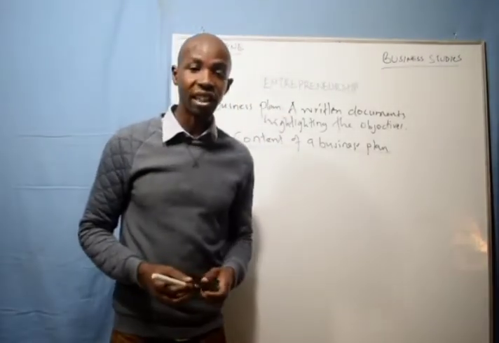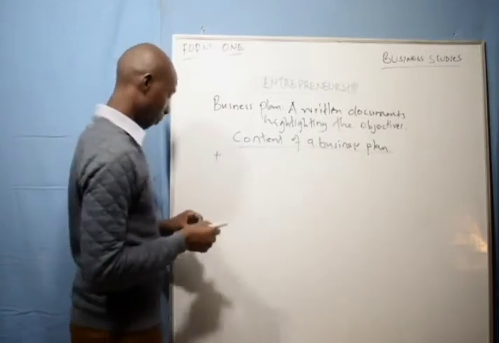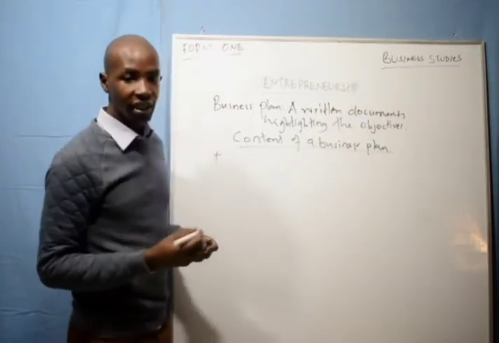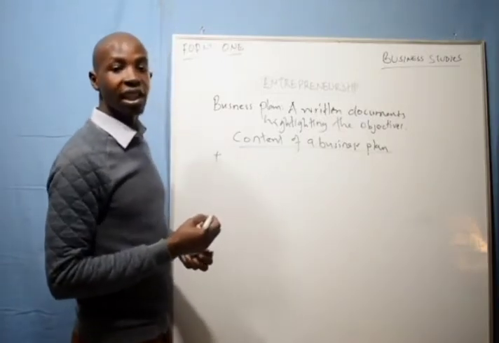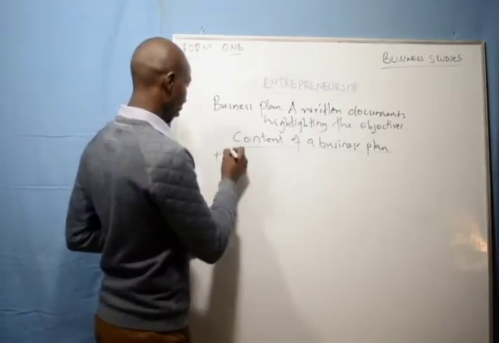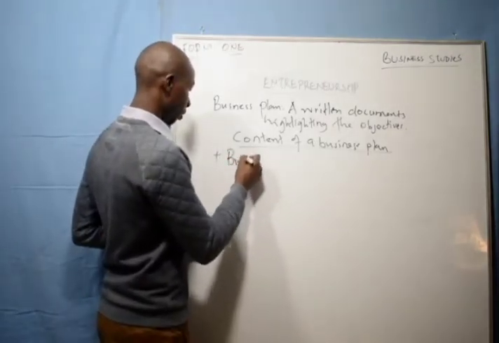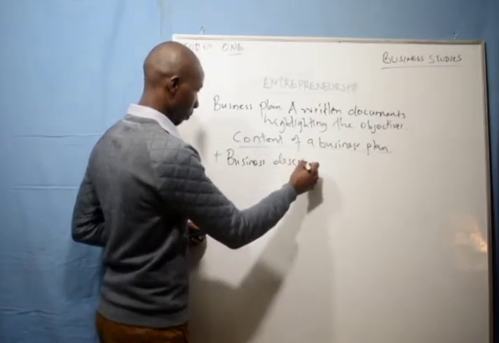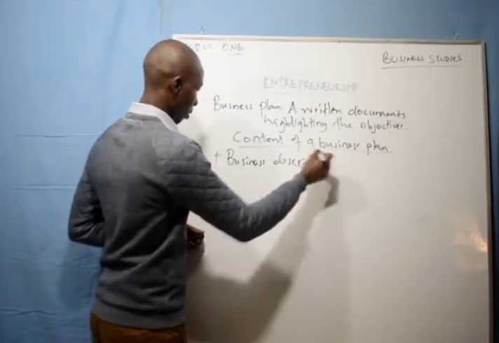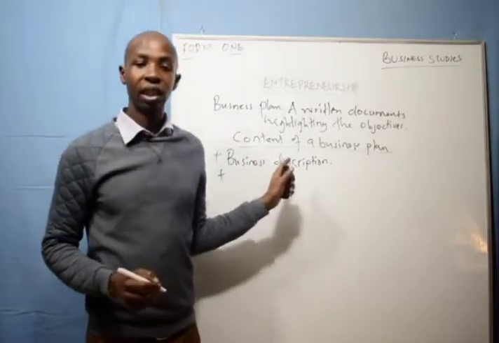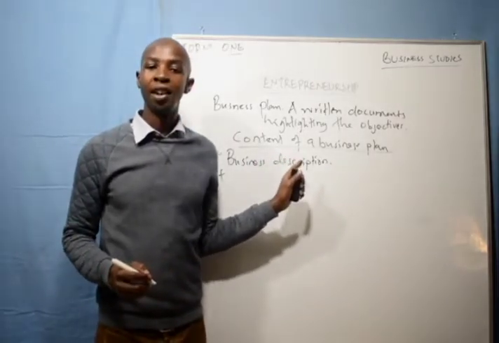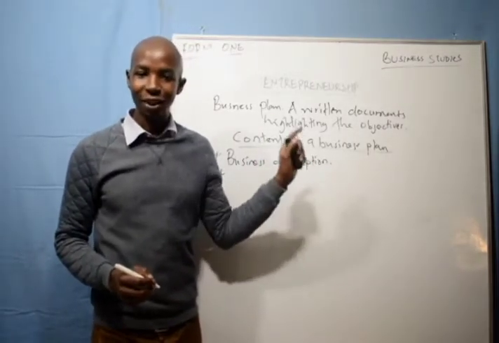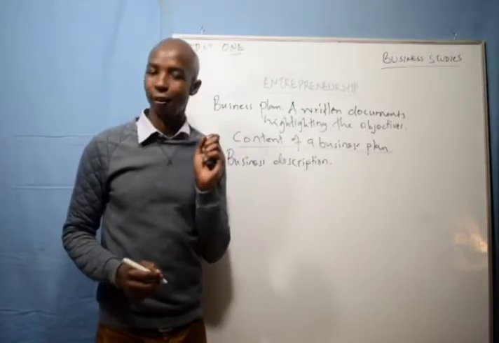One of the content is business description. And what is business description? It contains the name, location, and nature. Business description, which contains the name, the location, and the nature of the business, and the date of commencement.